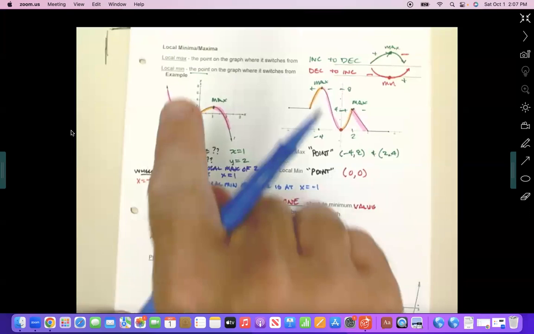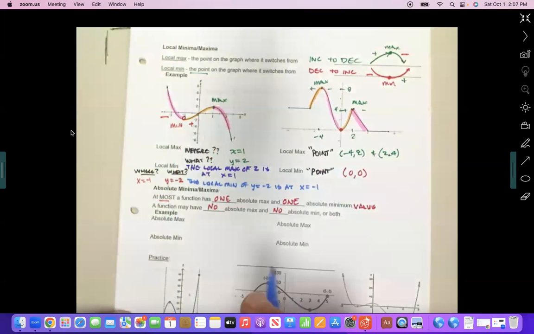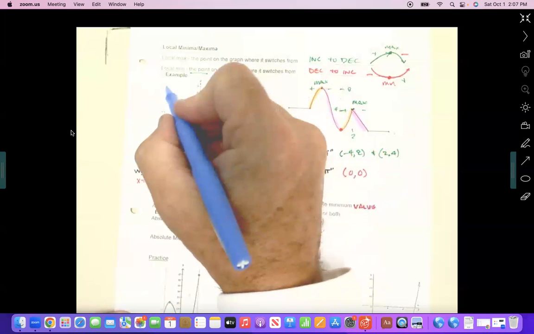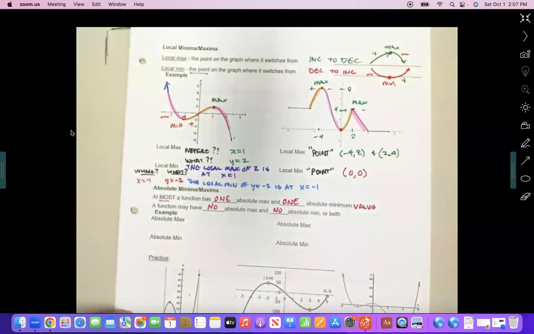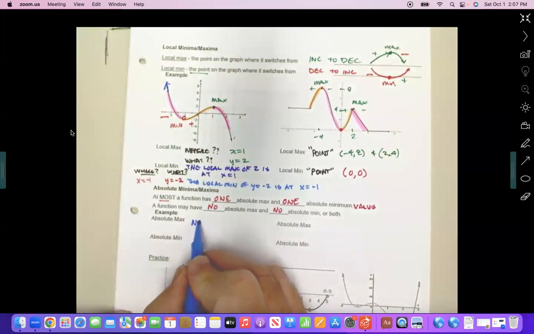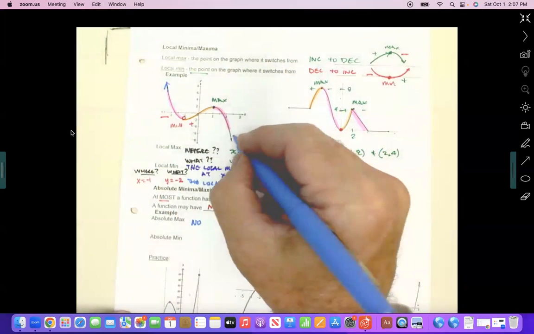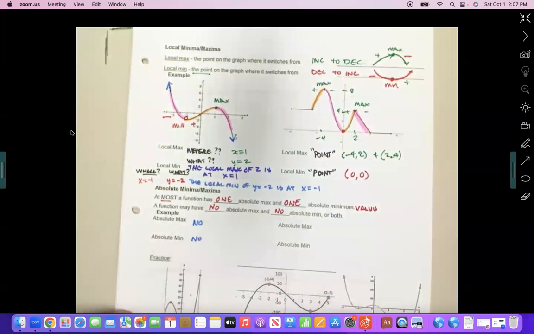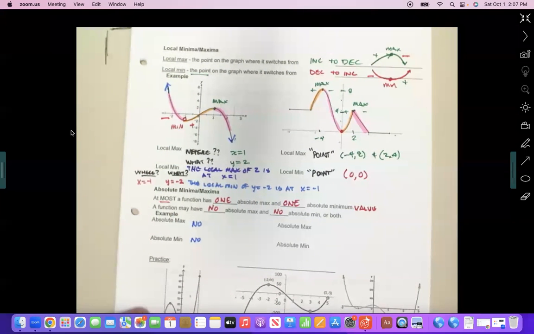Well, let's take a look at our example up above. You'll see in this one, we have a local max here, but this arrow is going up to infinity, so there is no absolute max. And as a matter of fact, the arrow is going down in this direction, so there's also no absolute min.